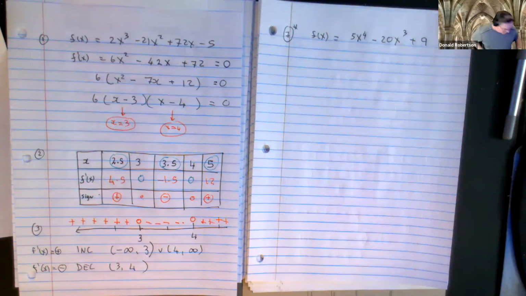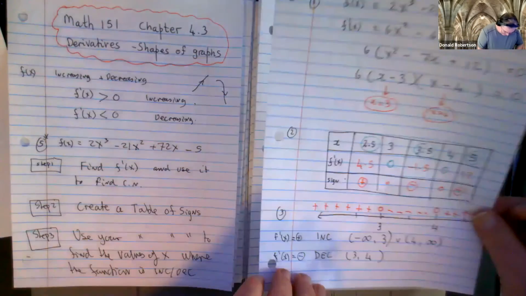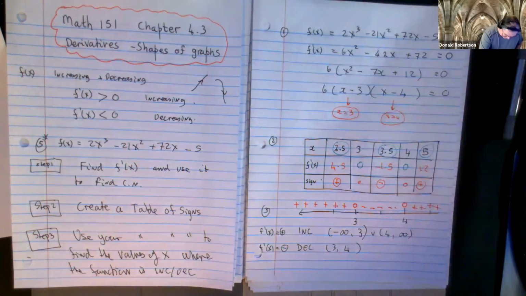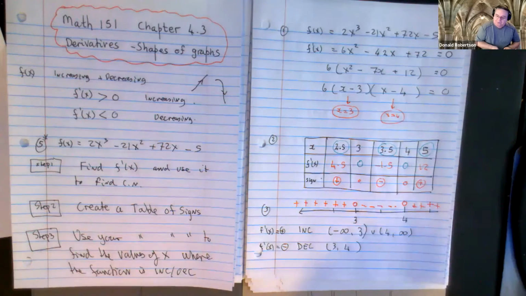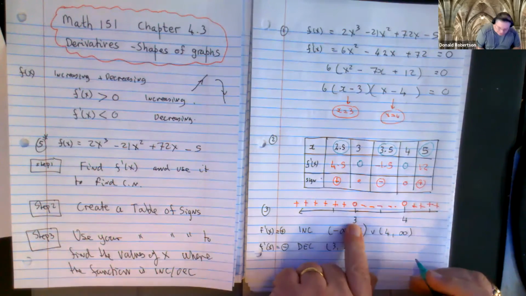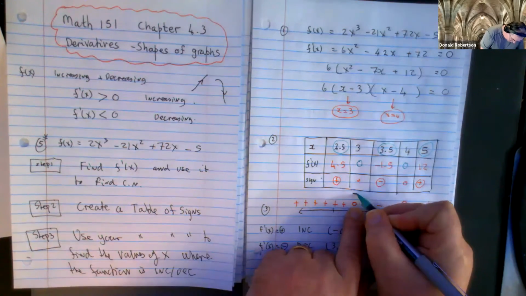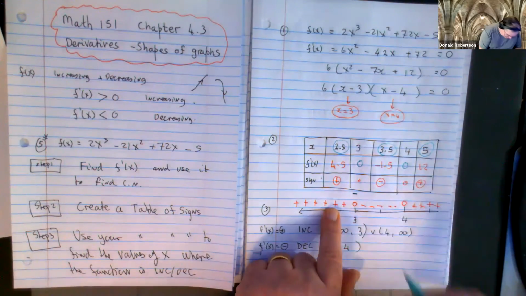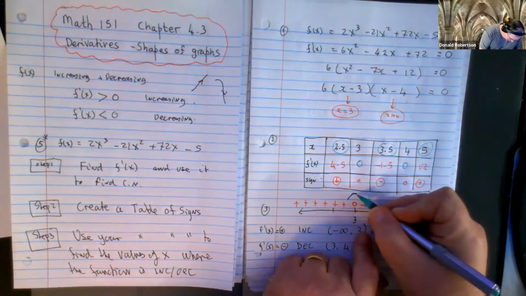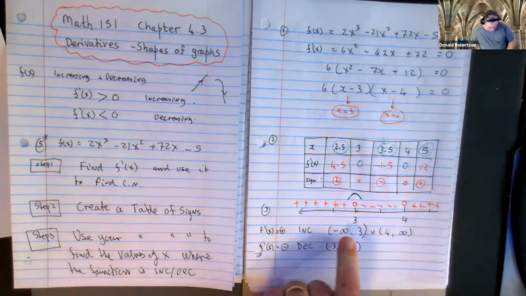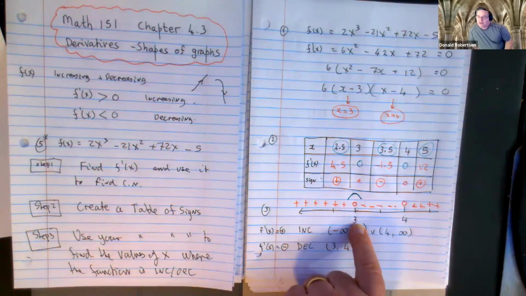Just before I move on to that, I want to show you a little bonus that you get from this line. If you look at x equals 3, the derivative is 0. Doesn't that make it horizontal? On this side, it's positive, positive line slope up. On this side, it's negative. Can't you now see that there's a local maximum at x equals 3?